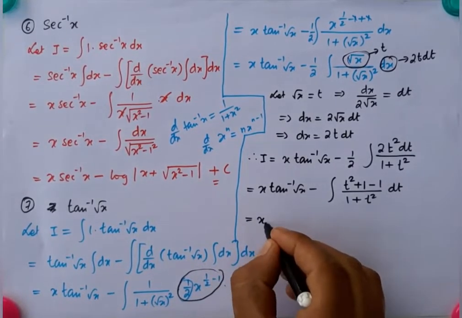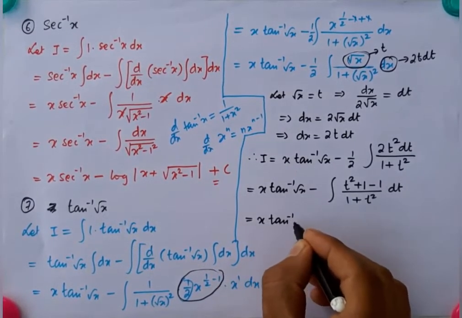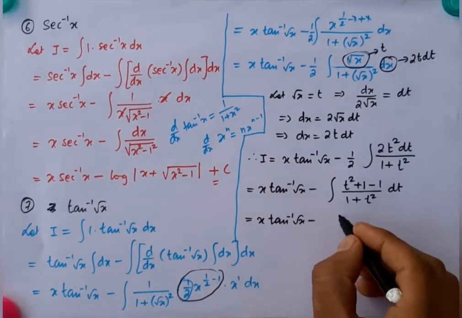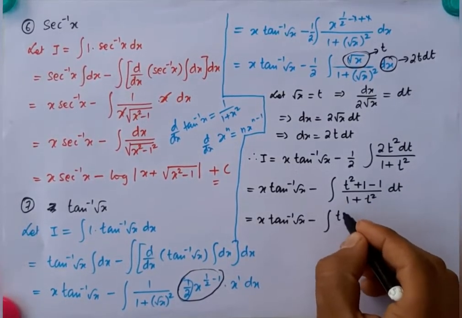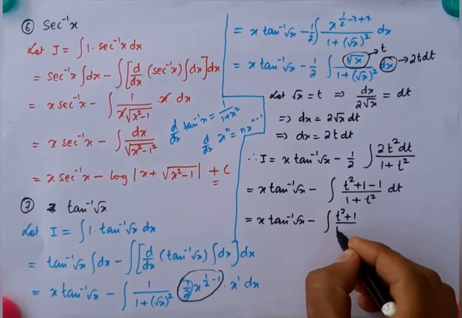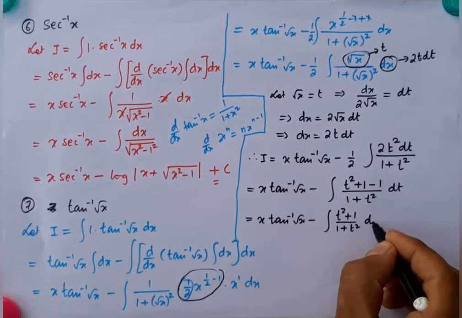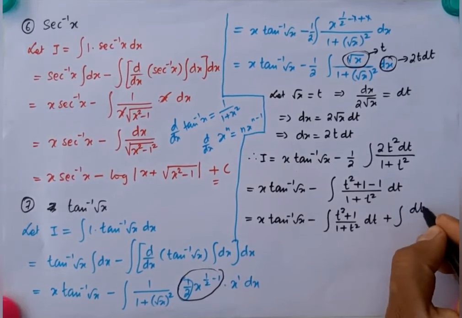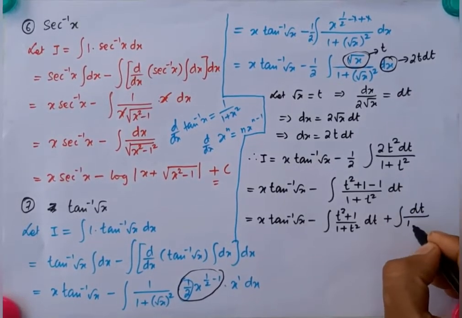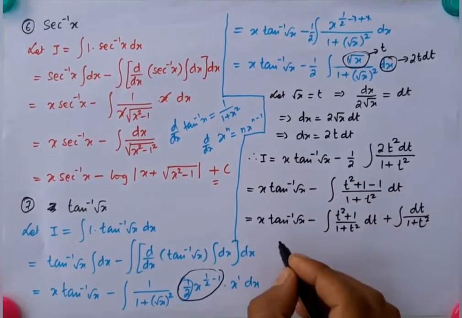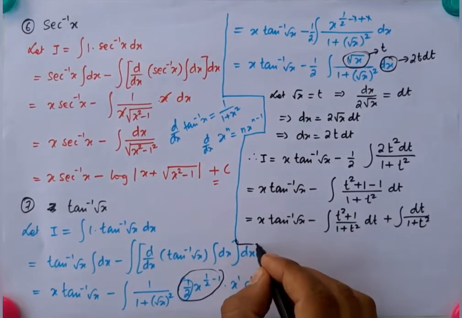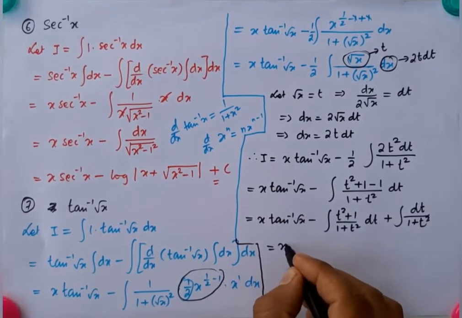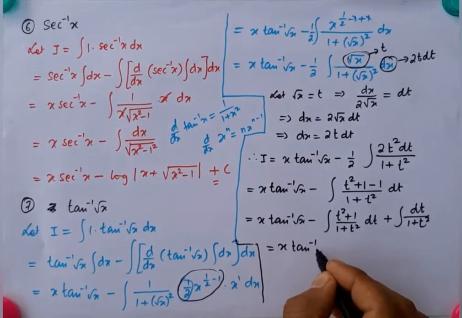So we have x tan inverse root x minus, now see here carefully, this is t square plus 1 minus 1 by 1 plus t square dt, minus into minus is plus, so this is dt, into 1 is dt by 1 plus t square.